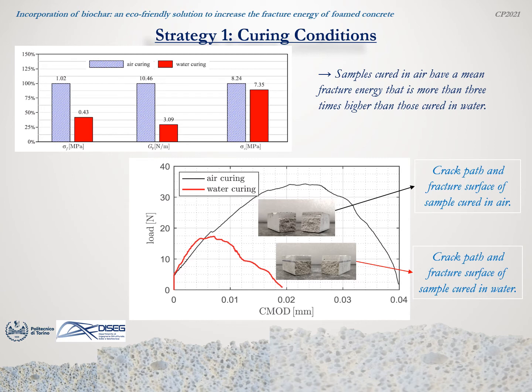From the experimental results illustrated in this slide, it is clear that the curing conditions play a crucial role, especially in the cases of flexural strength and fracture energy, while the difference is less significant in the case of compressive strength. In particular, samples cured in air have a mean fracture energy that is more than 3 times higher than those cured in water.